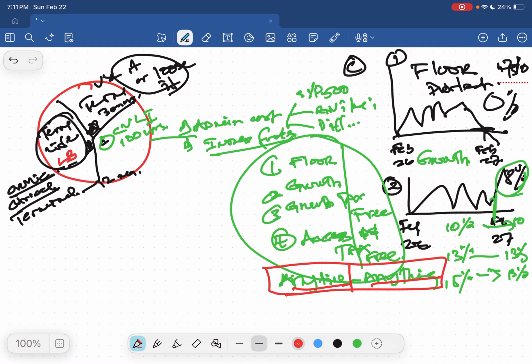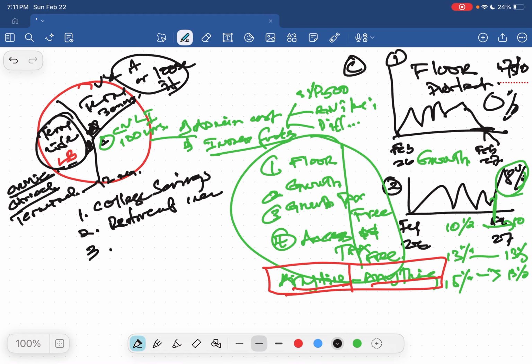Now, how do people use this type of vehicle? Well, people use it for many reasons. You can use it for things like college savings. You can use it for retirement income.